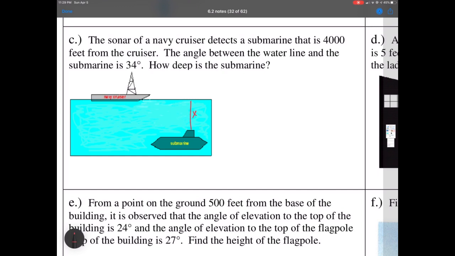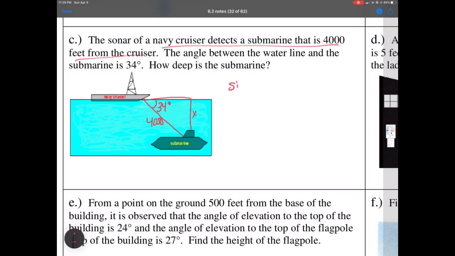The Navy cruiser detects a submarine that is 4,000 feet from the cruiser. So that's going to be 4,000. And so now we just need to see what the angle is. Well, it says the angle between the water line and the submarine. So here's the water line and the submarine, so it's going to be this angle, which is 34 degrees. That gives me an opposite side and a hypotenuse.